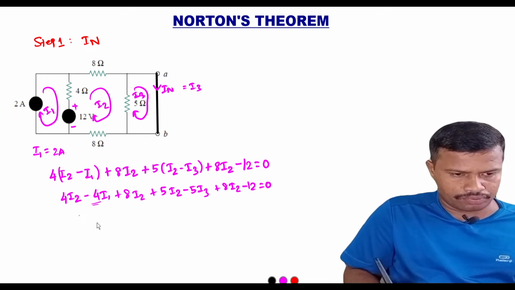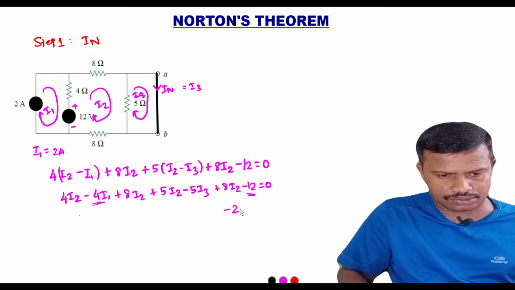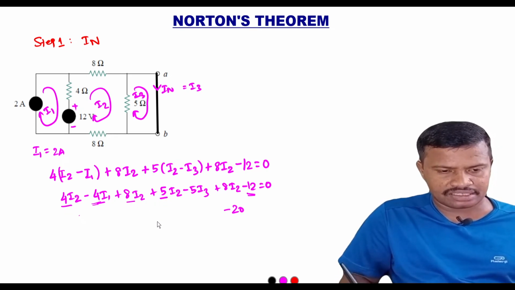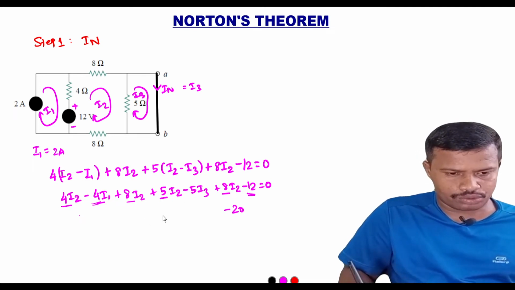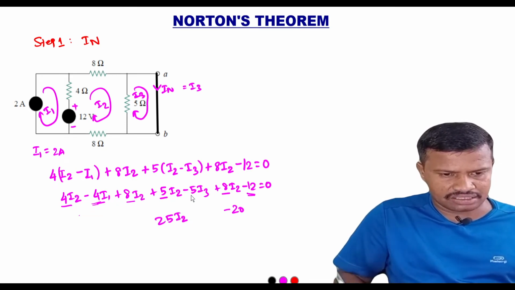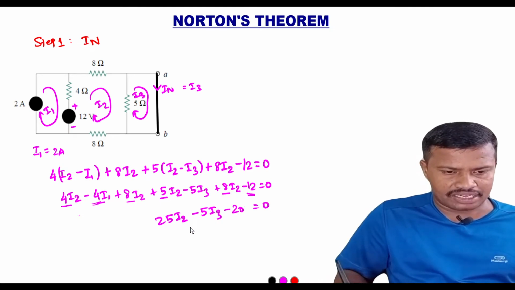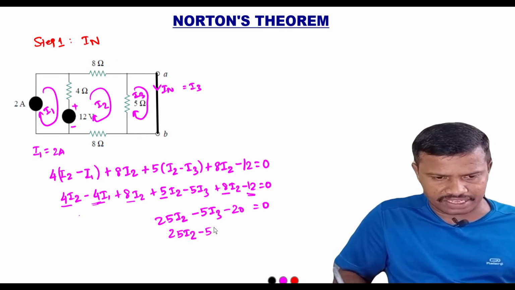So the minus 8 and this minus 12 become minus 20. Now 4I2 plus 8I2 is 12I2, plus 5I2 is 17I2, plus 8I2 is 25I2, and the I3 term is minus 5I3, minus 20 is equal to 0. Now we can write 25I2 minus 5I3 is equal to 20.